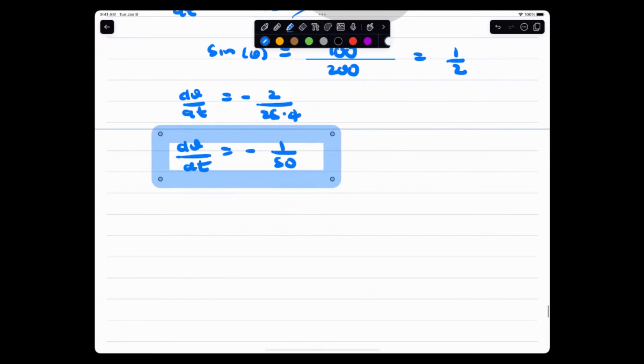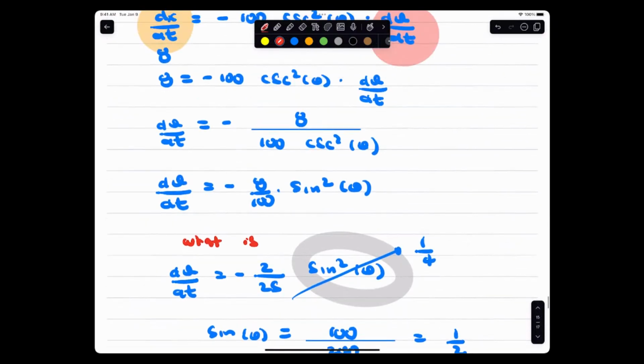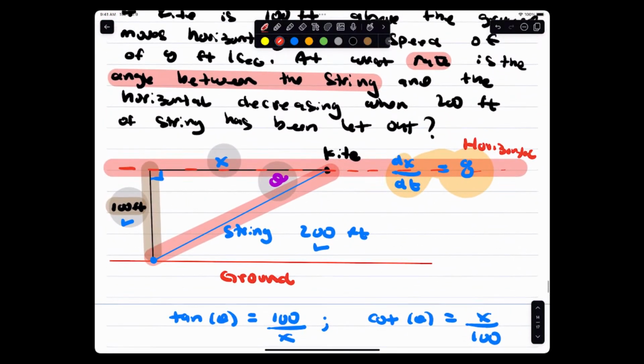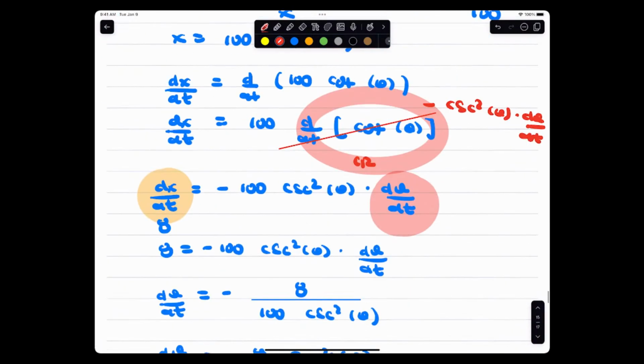That's a radian measure, by the way. And notice it's negative, so it's decreasing. So this is in radians per whatever that time was. So that angle is actually decreasing, in radians per second.